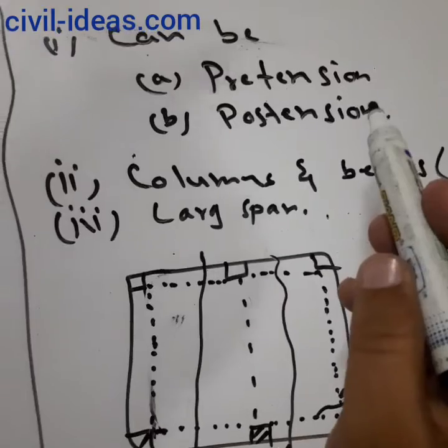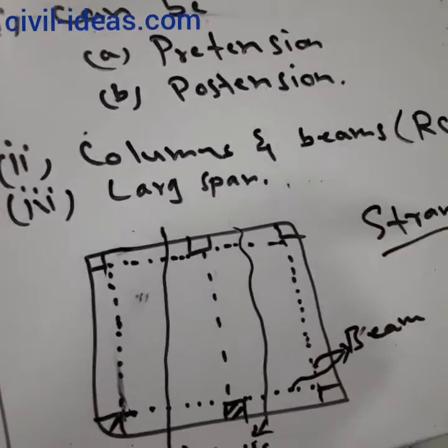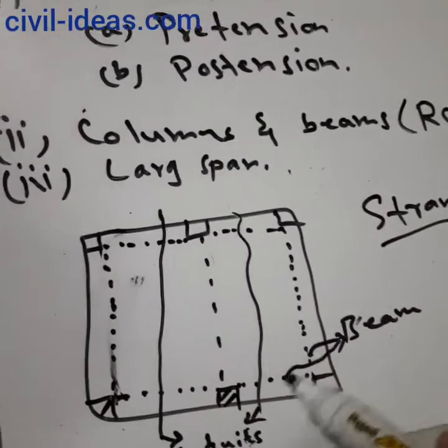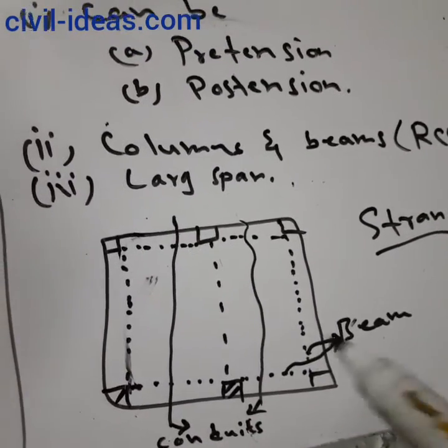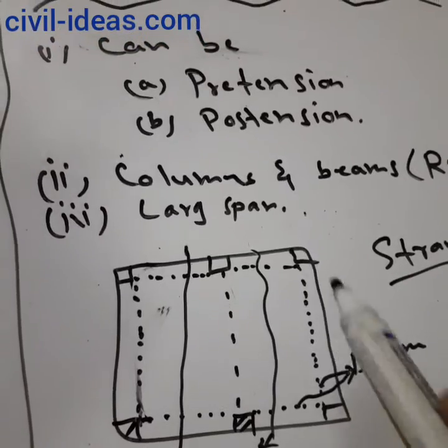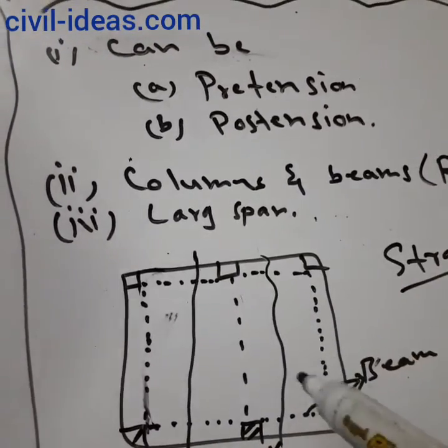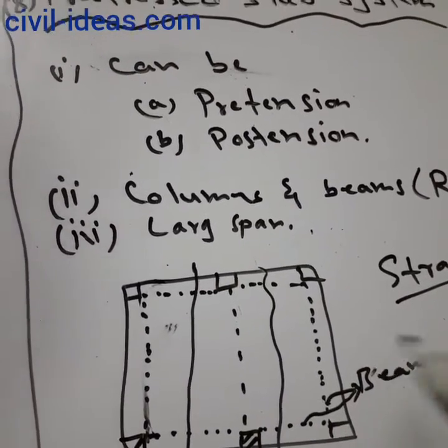In the pre-tension process, the strands are stretched up to a certain value according to what the designer mentions in the drawing. And in the post-tension way, the strands are stretched after the concrete is cast.